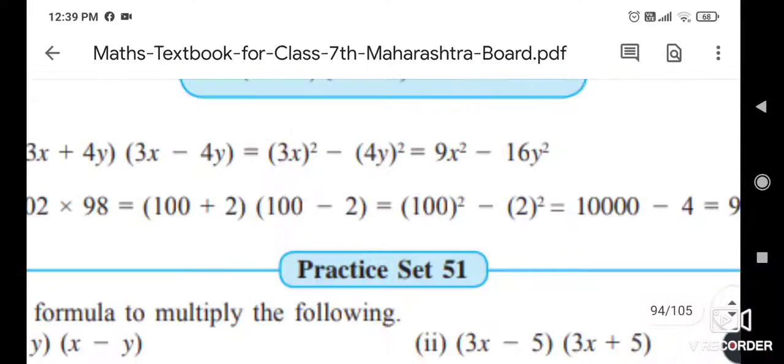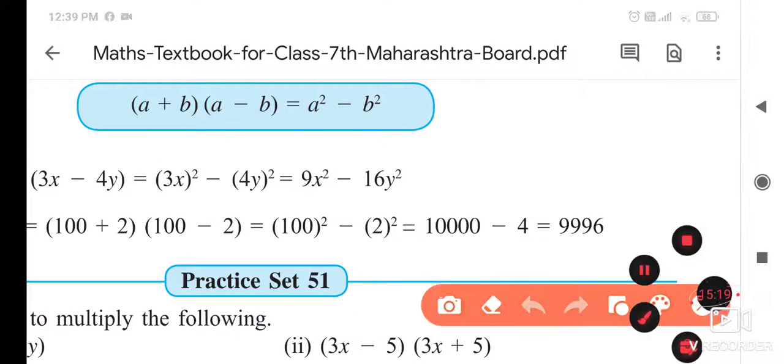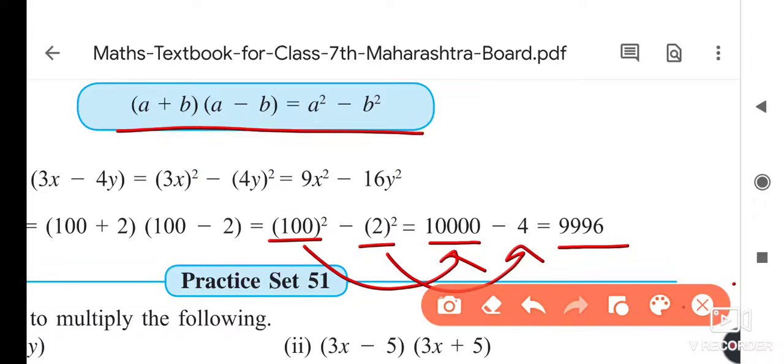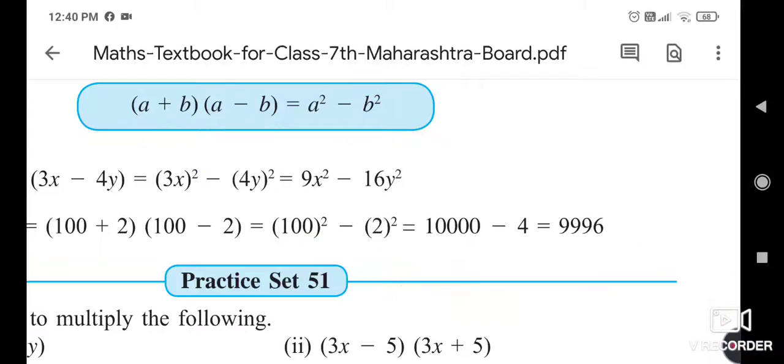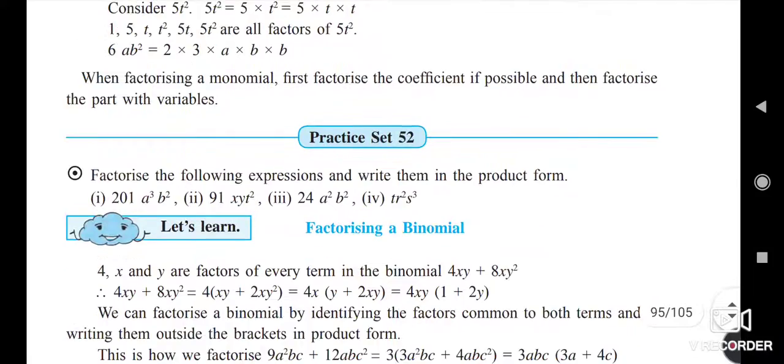Its factorization is a square minus b square, where a is 100. So 100 square minus 2 square. 100 square is 10,000, minus 2 square, which is 4. The subtraction of this is equal to 9,996. In this way we have to use this formula, a square minus b square is equal to a plus b and a minus b. And you also have to solve the 51st exercise.